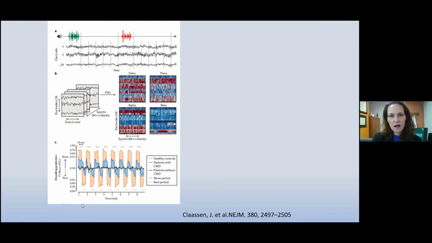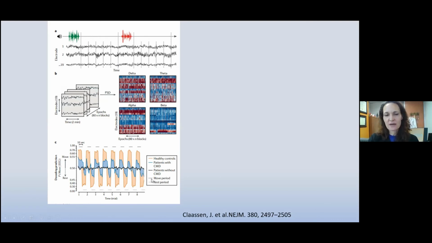And this is an EEG at the top. And then at the bottom, you can see the peach color are the healthy controls that have clear directional changes in EEG with requests for command following. And the blue are patients who are injured and do have some changes that are in the same pattern as the healthy controls.